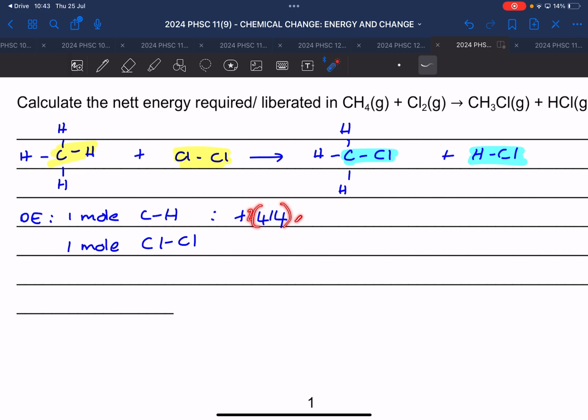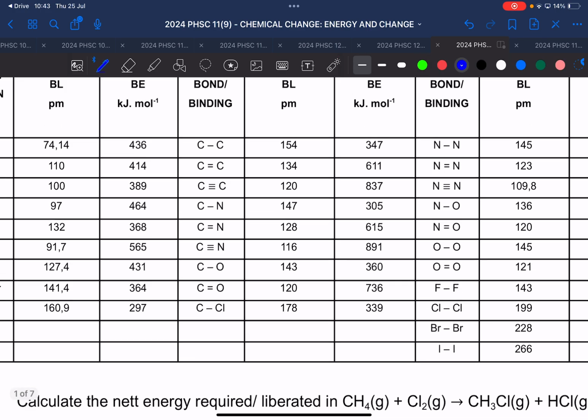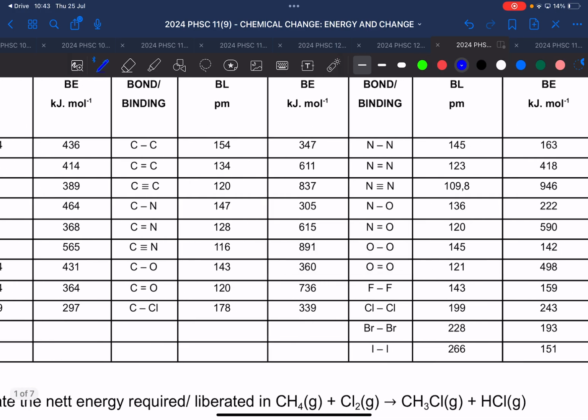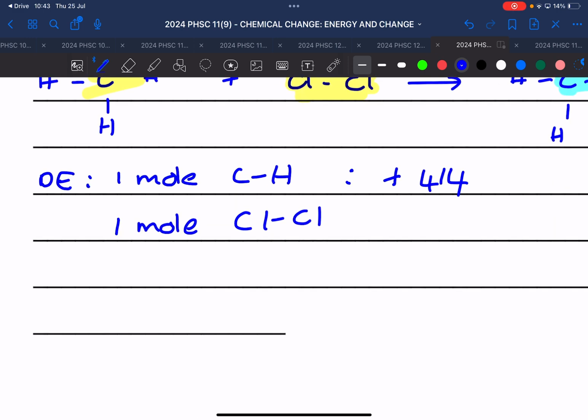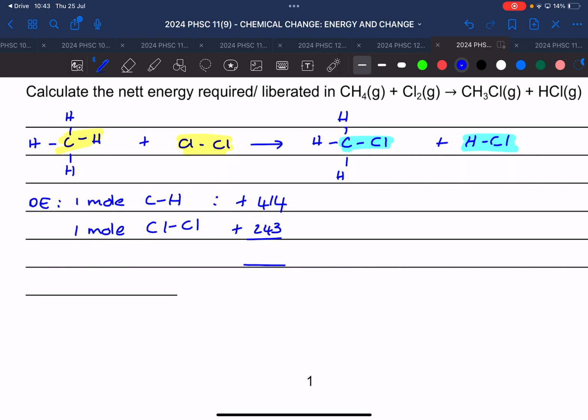Okay? Then chlorine, where's that? Here it is, 243. So this is plus 243. So the net energy needed to split up the bonds is 756 kilojoules per mole.